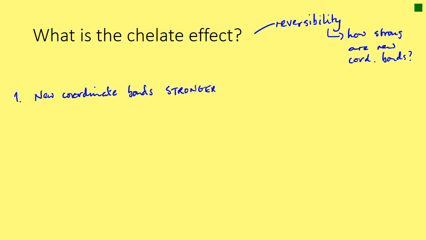An example of that would be when cyanide ions are ligands, and they could form a complex with iron 3 ions, and they could replace water ligands.